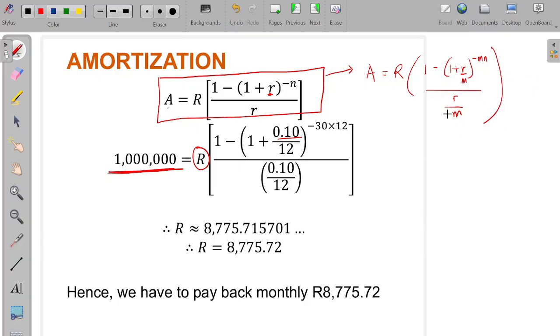If you substitute into this formula, we get our monthly payment to be this amount. Hence, we have to pay this back monthly. We used the ordinary annuity formula because the example did not indicate that payment is at the beginning or in advance.